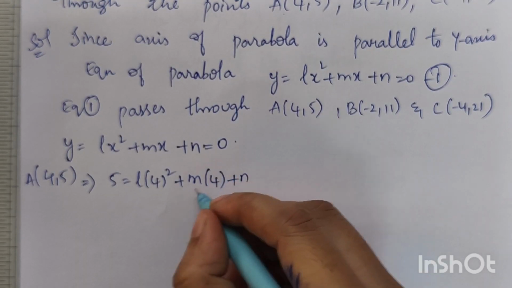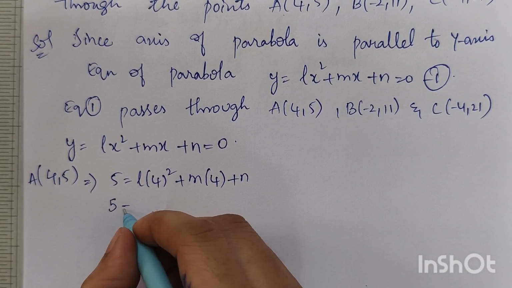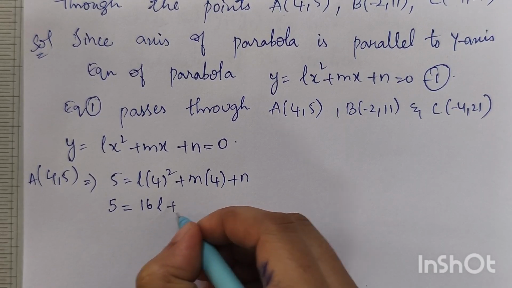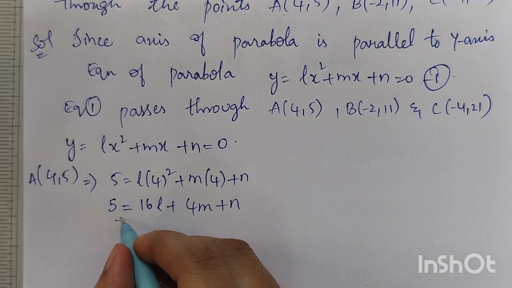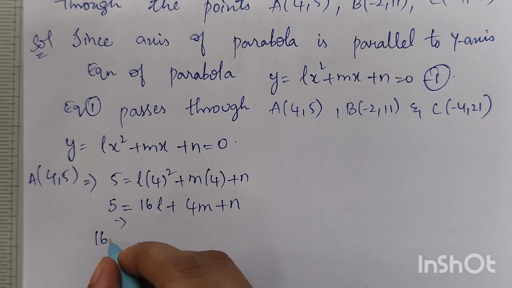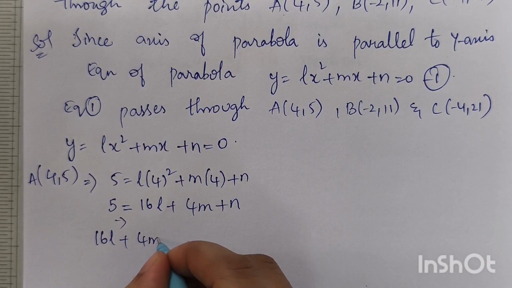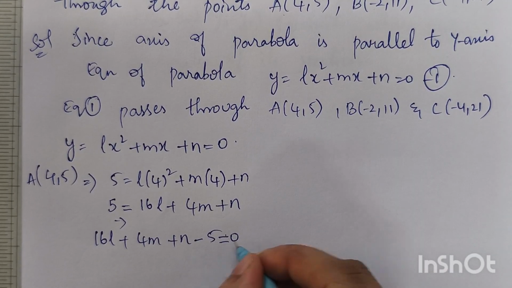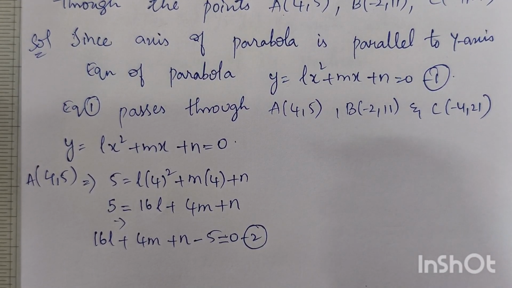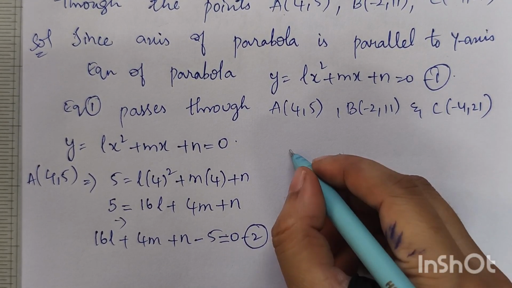So this becomes 5 equals 16l plus 4m plus n. Shifting the 5, it is 16l plus 4m plus n minus 5 equals 0. Take it as equation 2.